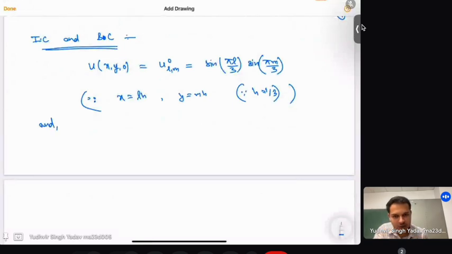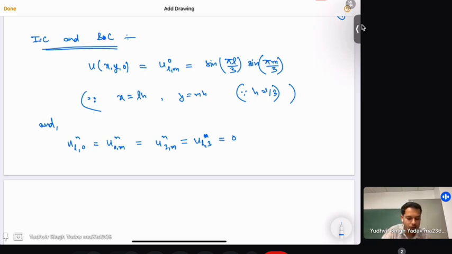And the boundary conditions are, for each time step n, u(0,m) equals u(3,m) equals u(l,0) equals u(l,3) equals 0, as it has been given in the question, that the boundary condition is u equals 0 on the boundary.